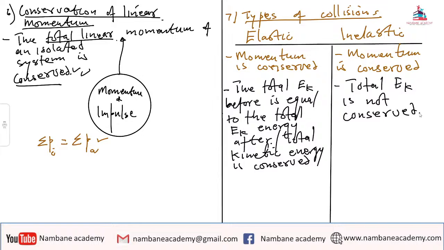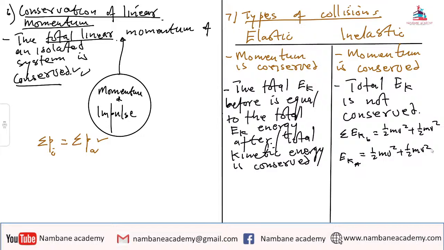Ladies and gentlemen, when you want to prove whether a collision is inelastic or elastic, you must have the sum of EK before, half mv squared plus half mv squared. And you must also have EK after, which is just half mv squared plus half mv squared. You cannot conclude immediately to say they are equal, or they are not equal.